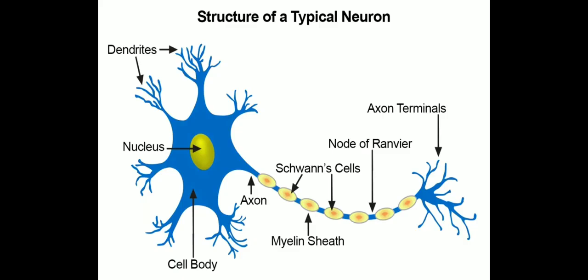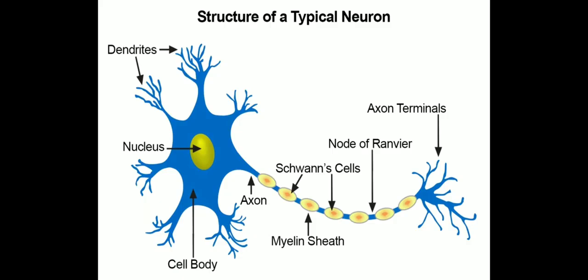Now, what is axon? Axon is a single, elongated, cylindrical process. It is bounded by axolemma. That means the protoplasm of axon is called axoplasm, and the outer layer of axoplasm is called axolemma. It contains a large number of mitochondria and neurofibrils.